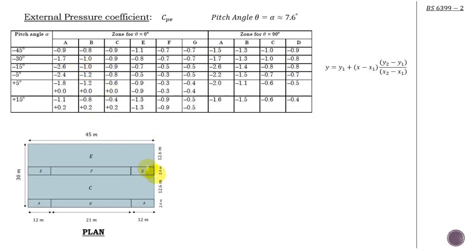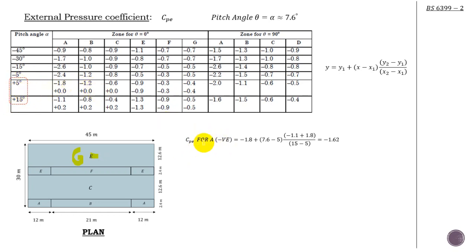Remember, this is not E, this is G. We're starting with A. This is the equation for the interpolation, and the external pressure coefficient, CPE, for A, where 7.6 is somewhere in between.